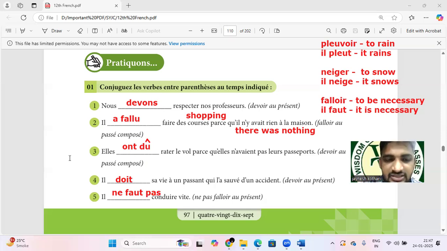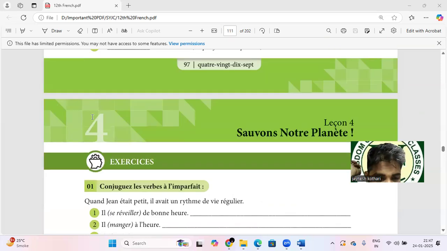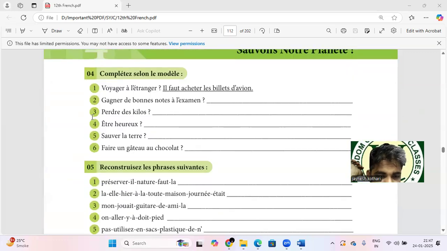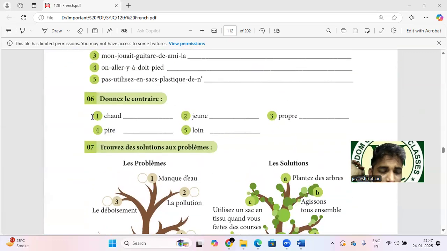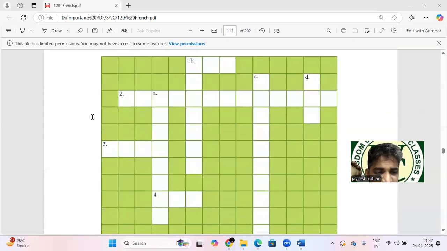Students, you have to understand the present tense well, and everyone has to understand the past participles, so do not get confused. Okay, let me check, students, if we have any difficult or important exercise from this particular chapter also. So the opposites and all is going to be really very important, okay?